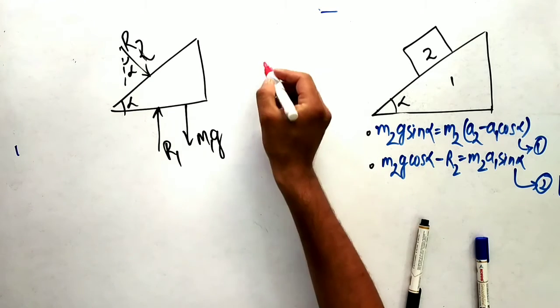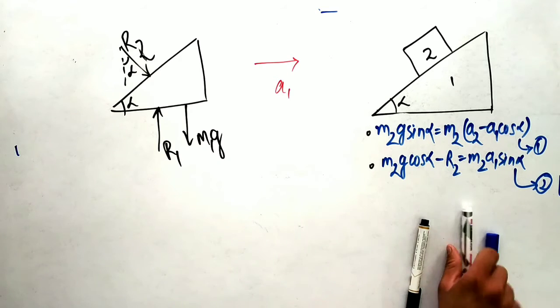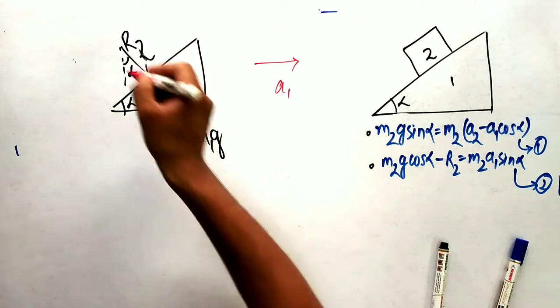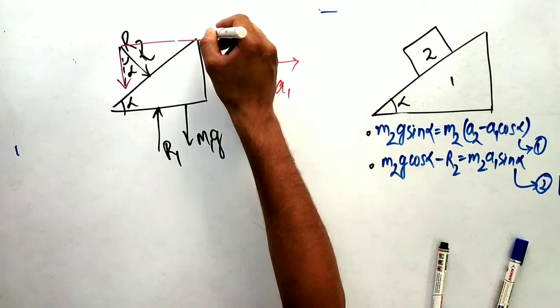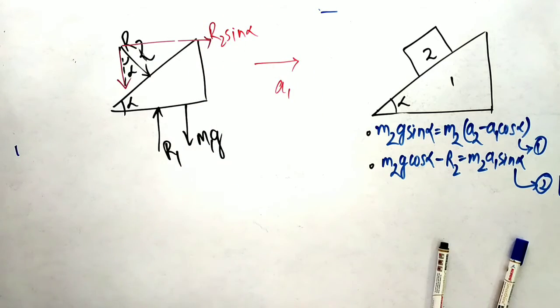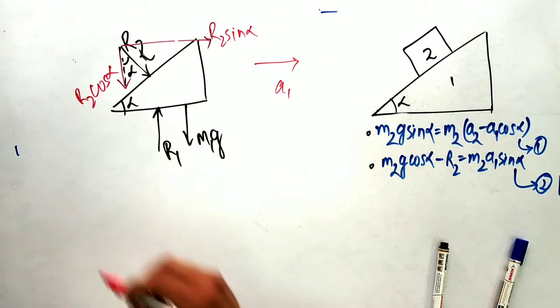This block is moving to the right with an acceleration a1. So we will write the equations for it. The equations for it are going to look like, first let us break R2 into two components. This one is going to be R2 sin alpha and this one R2 cos alpha.